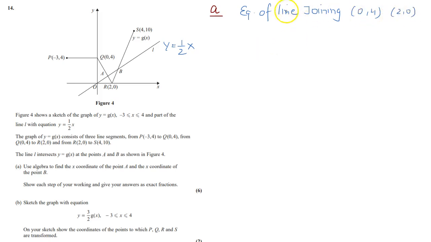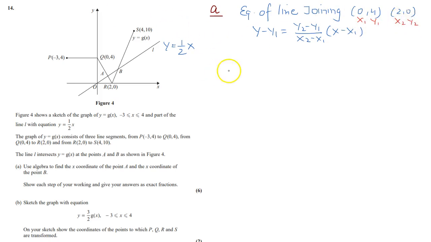We know the equation of the line joining x1 y1 and x2 y2 is y minus y1 is equal to y2 minus y1 over x2 minus x1 times x minus x1. So that will be the equation of the line joining Q and R. Let's say this is x1, this is y1, this is x2 and this is y2.